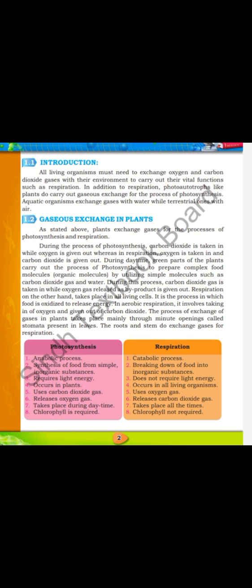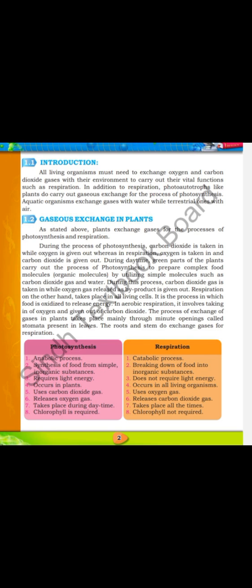So, dear students, during respiration, oxygen is taken in and carbon dioxide is given out, while in photosynthesis carbon dioxide is taken in and oxygen is given out as a byproduct along with the food, and that oxygen is used for respiration.